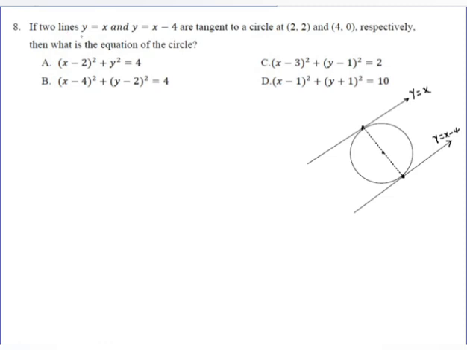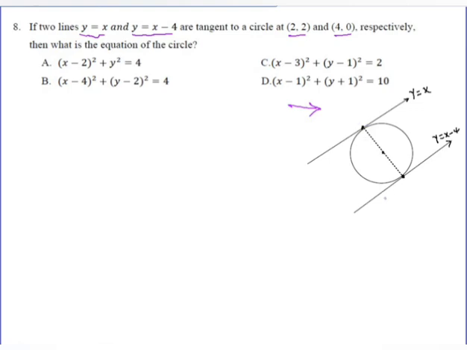If two lines y equals x and y equals x minus 4 are tangent to the circle at 2, 2 and 4, 0 respectively, then what is the equation of the circle? Here you can see the graph. Ideally, the statement looks like this in graphical form.